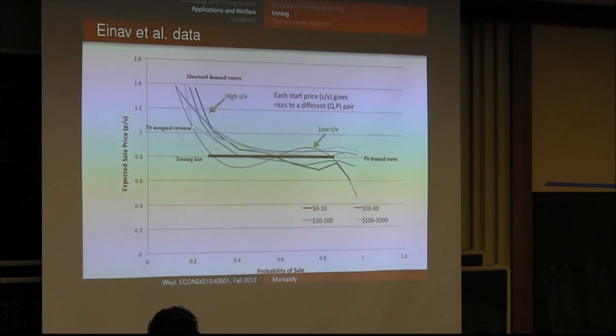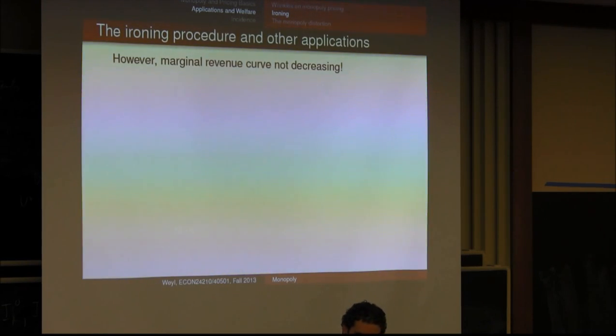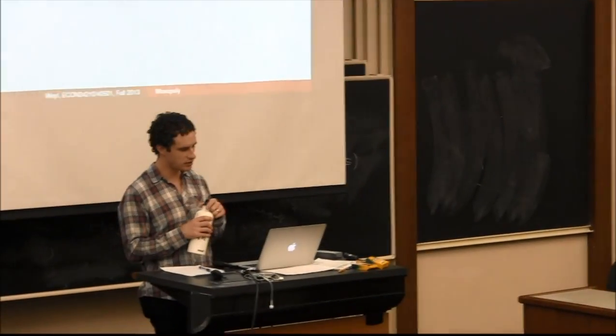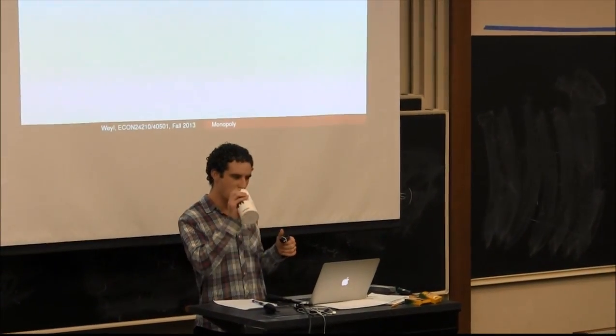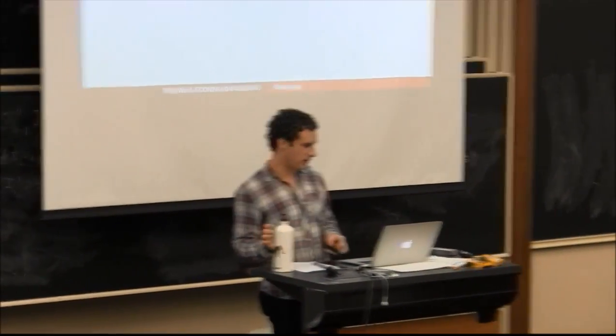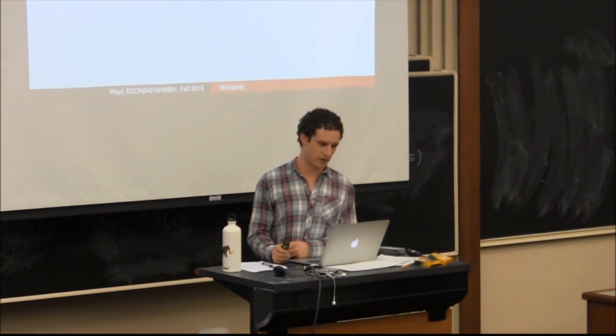And you can always replace the marginal revenue curve with this ironed marginal revenue and just forget about the rest and pretend as if you just had a marginal revenue that was like that. That will always give you the optimal solution. Okay. However, marginal revenue curves are generally not decreasing, so you have to use this ironing procedure.